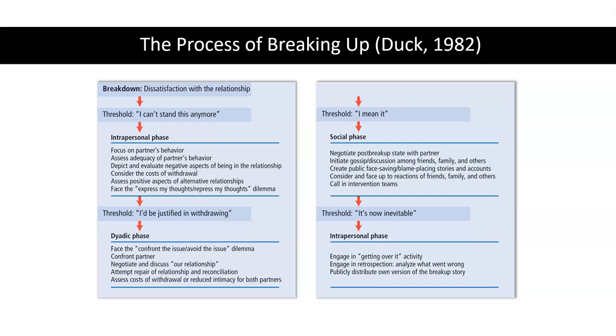There might be an attempt to fix things. But remember that when you go through this interpersonal phase, or intrapersonal phase rather, what's happening is you're actually going through a process of self-justification. Drag yourself all the way back to the cognitive dissonance chapter. It becomes really hard to reverse that inside our own heads.